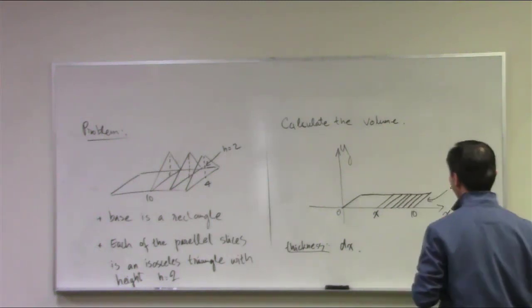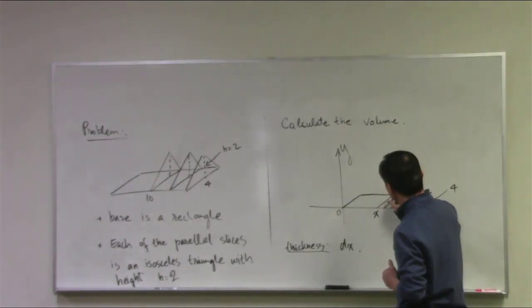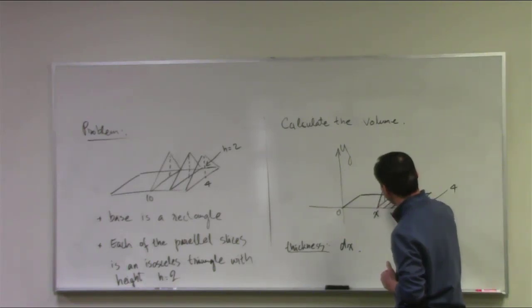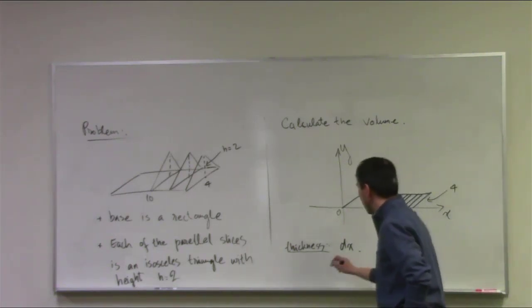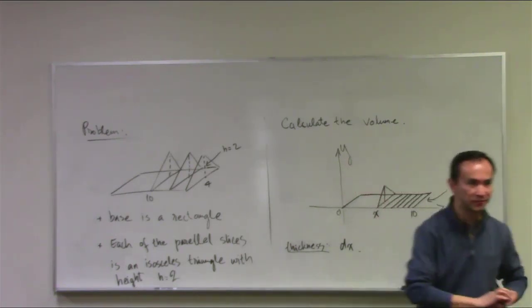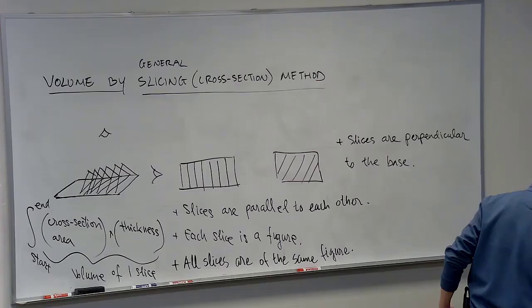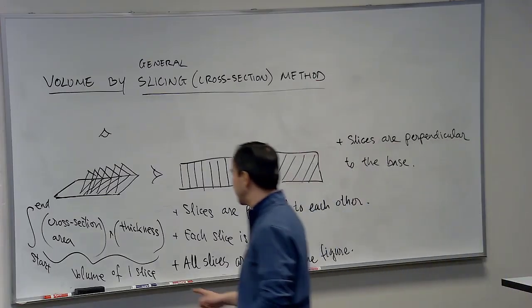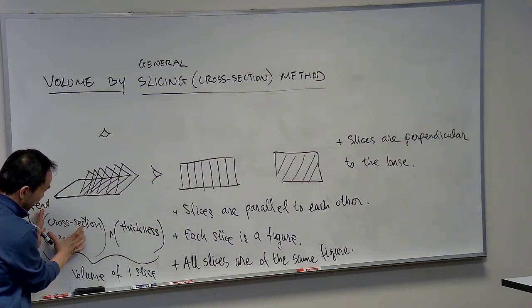Okay. And so now think about it this way over here. Anywhere that you put your slice, the height is 2, right? So you got a slice like that being a triangle. Okay. So how do we calculate the area of a triangle? Because remember, the fundamental says we need to first find the volume of one slice, by multiplying the cross-section area with the thickness.